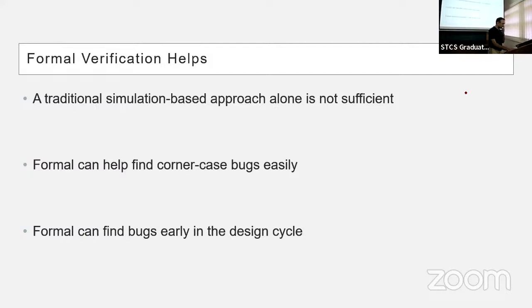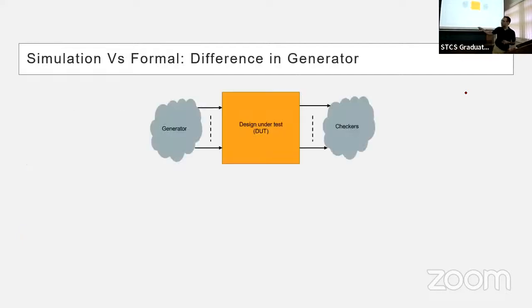How does that happen? So now we are going to see those differences in the format. So we saw this diagram earlier, right? We have this generator, designer, and the checkers.